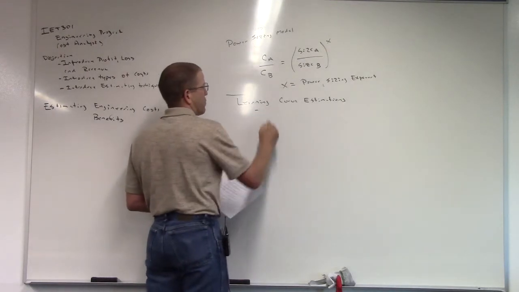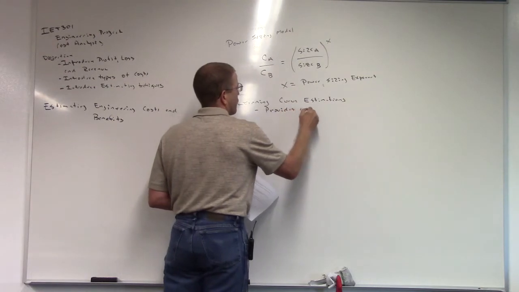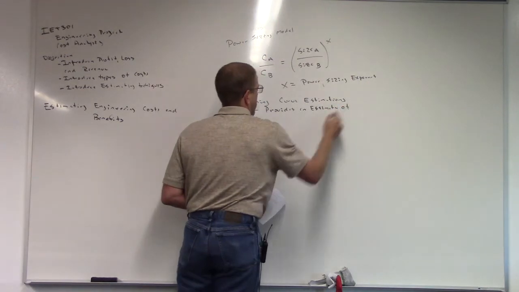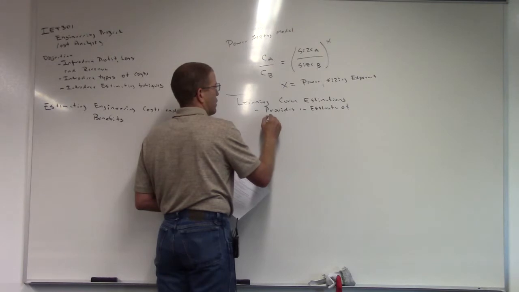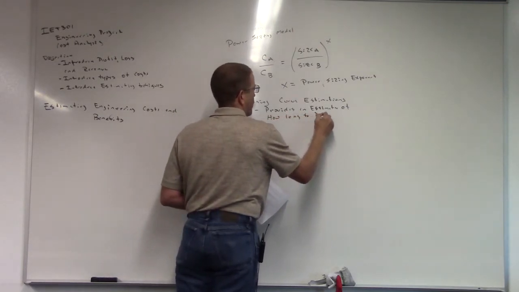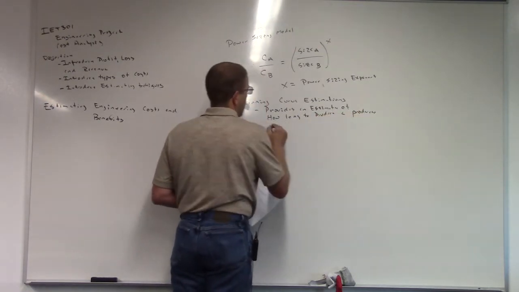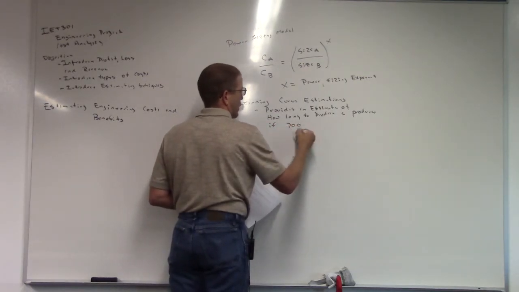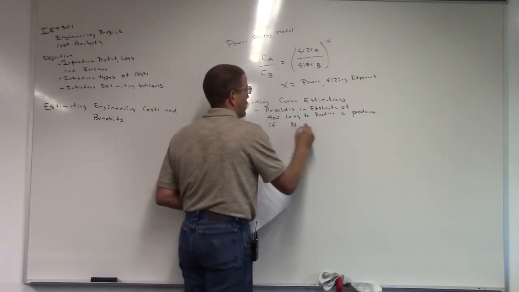What this does is it provides an estimate of how long it should take to produce a product if 200 have been produced previously. If n, I will leave it as a variable, if n have been produced.